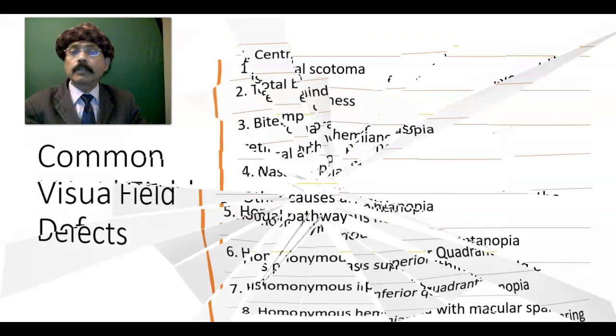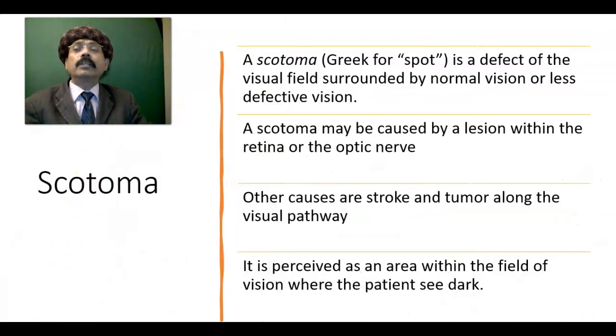Let's look at the term scotoma. Scotoma, from the Greek meaning spot, is a defect in the visual field surrounded by normal vision or less defective vision. Scotoma may be caused by a lesion within the retina or the optic nerve.